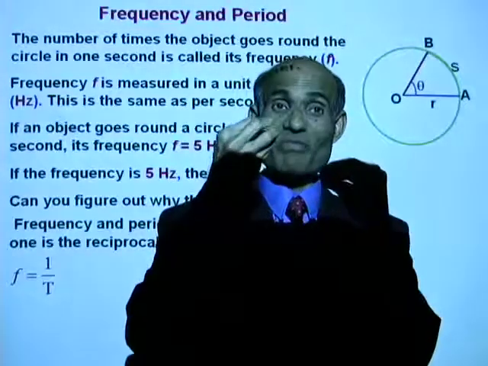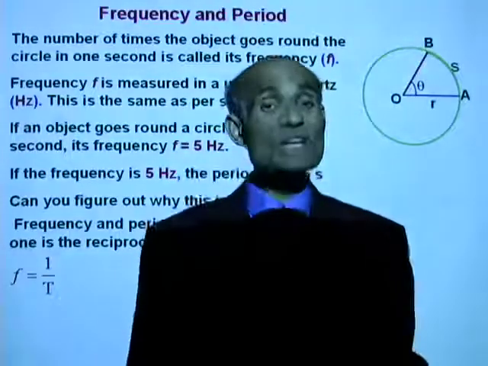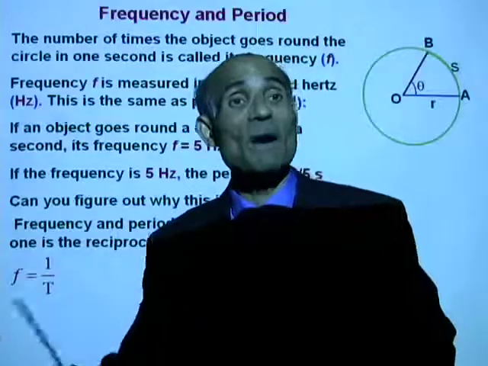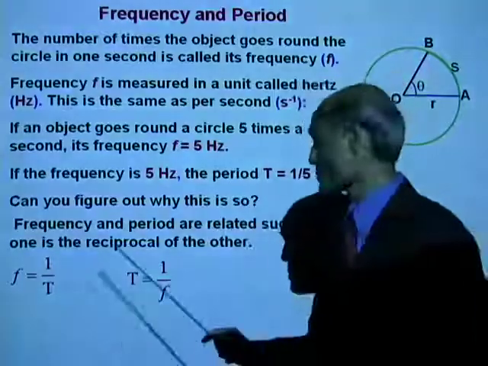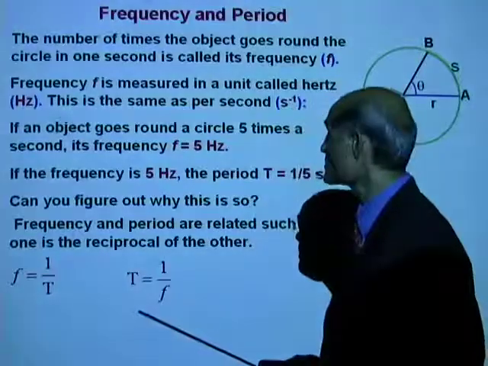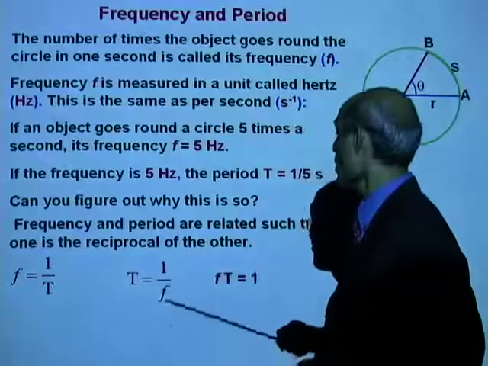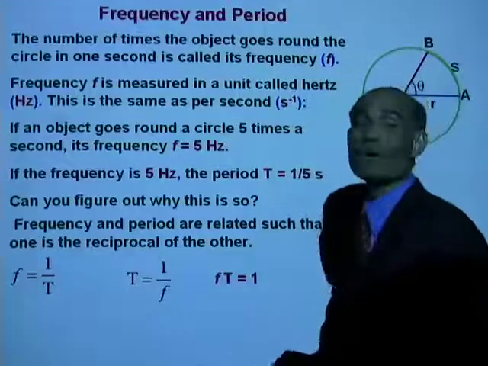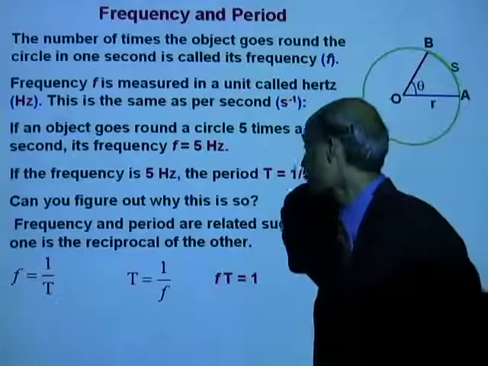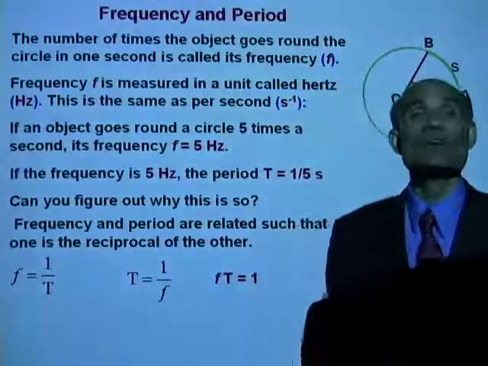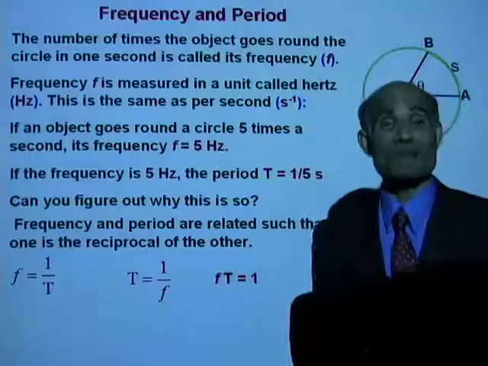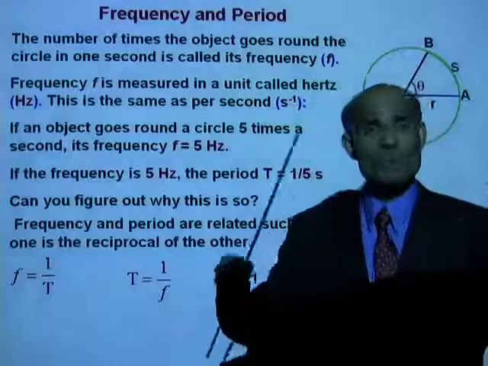So 2 pi divided by the period is 2 pi multiplied by the frequency. Since f equals 1 over T, or T equals 1 over f, then f multiplied by T will always be 1. All these are very important information.